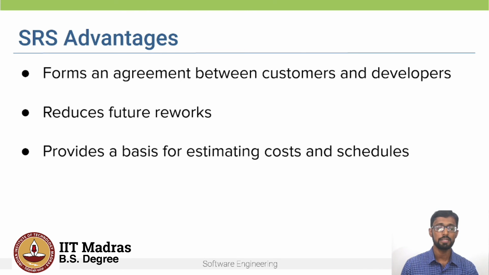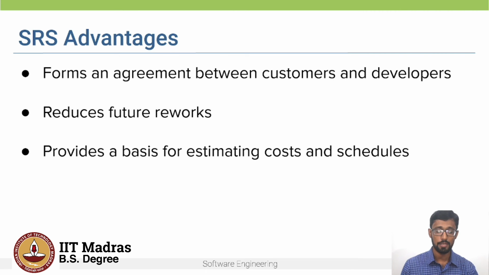Third, an SRS provides a basis for estimating costs and schedules. So in subsequent weeks, we will look at important tasks in managing a software project. So estimating cost and schedule is an important software management task.